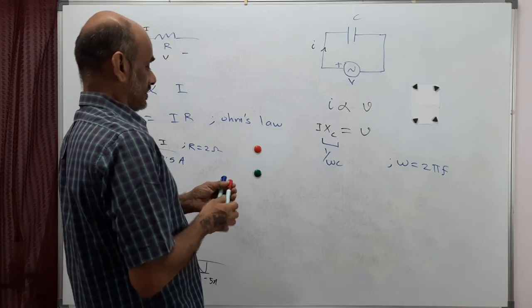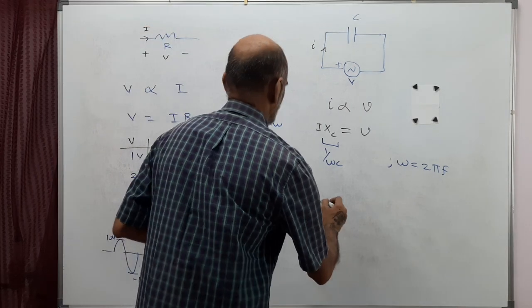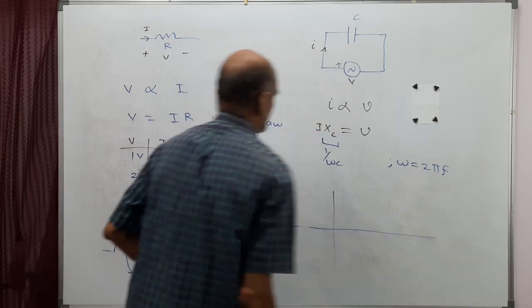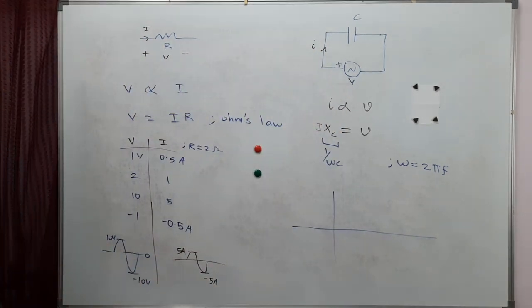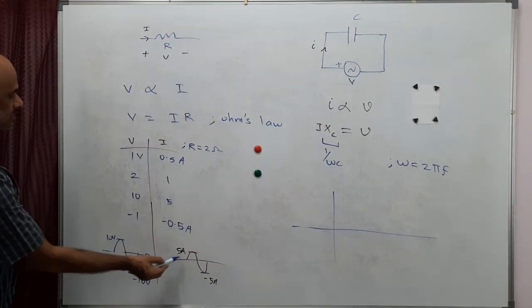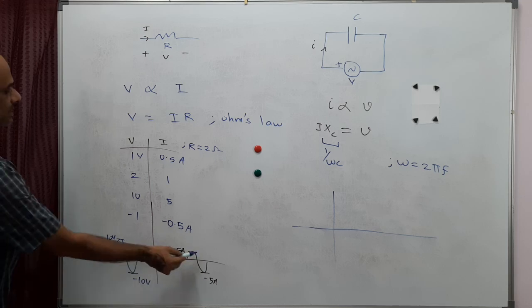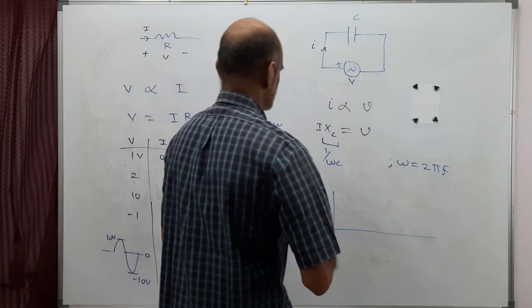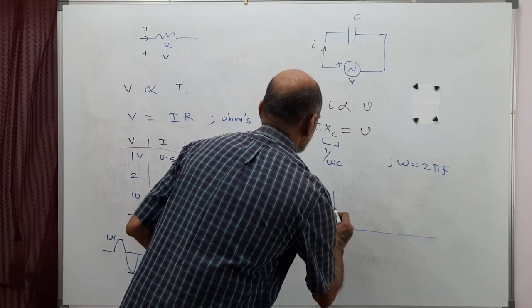But for a capacitor, the current will lead the voltage by 90 degrees. Here these two will be in phase, in the sense that when this is 0, this will be 0. When this attains the peak, current will also attain the peak. But in a capacitor, the current will lead.